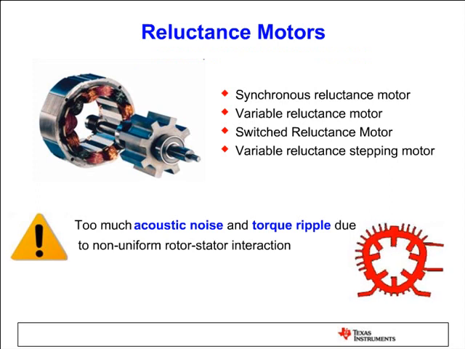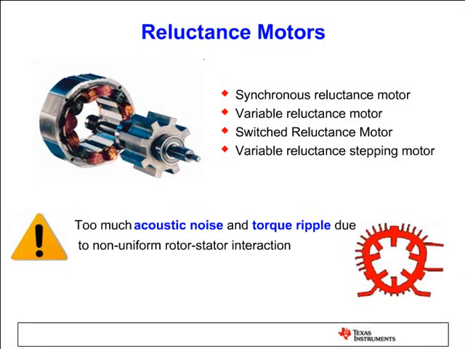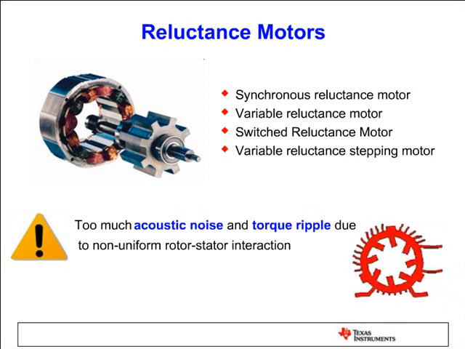So that's why the physical force across the stator poles is non-uniform. In three-phase motors, the force is distributed around the stator, but here only the opposite poles are excited. So that's why non-uniform force causes acoustic noise and torque ripple. That's why for high-end applications, these types of motors are not very popular.